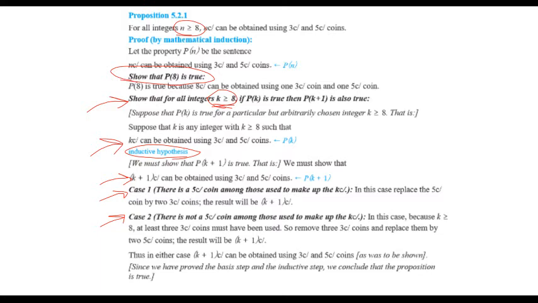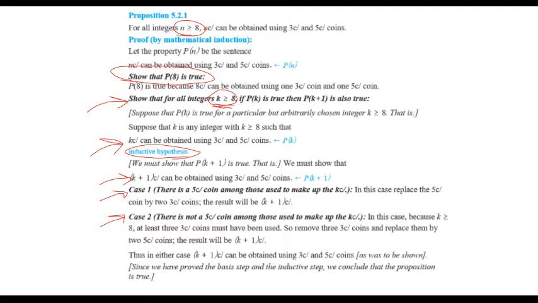Why? Because if we don't have three 3 cent coins, we obviously assumed in the second case that there are no 5 cent coins. So we can conclude that we only have either two 3 cent coins, or one 3 cent coin, or we have no coins.